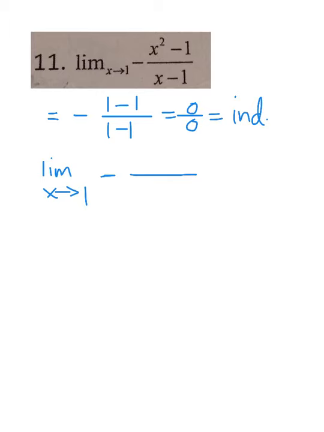And usually what you can do, and in this case you can factor the numerator and sometimes the denominator as well. Sometimes you do both. In this case, though, you can see that that denominator doesn't need to get factored, so I'm just going to leave that. And in the numerator, I've got a difference of squares, so that's x plus 1, x minus 1. Now, the reason why we do this is you notice that we have a common factor here.